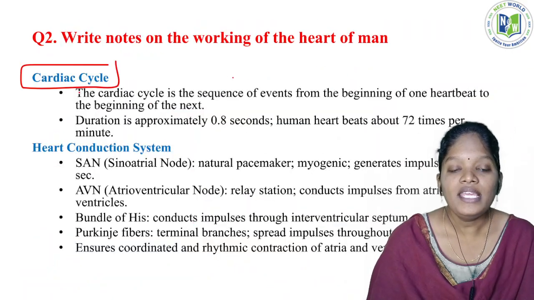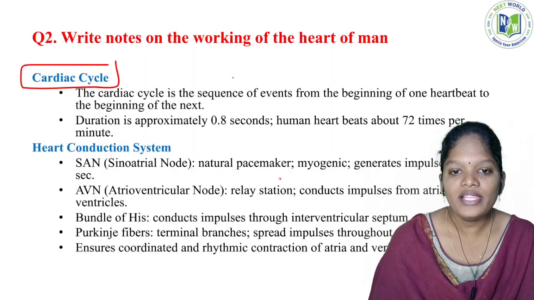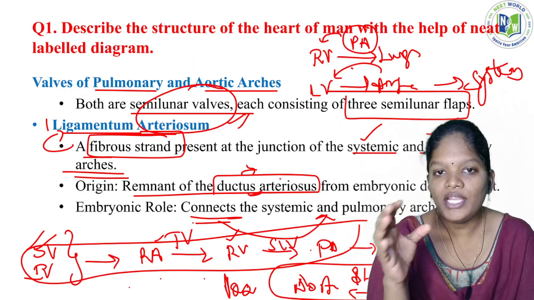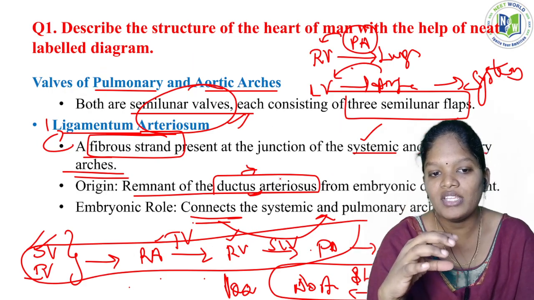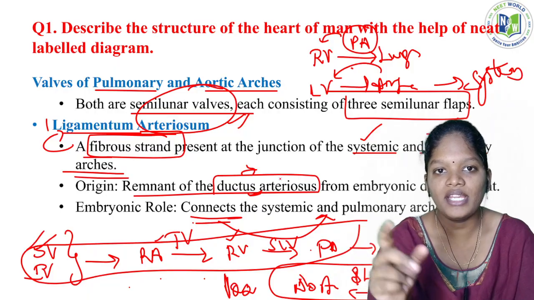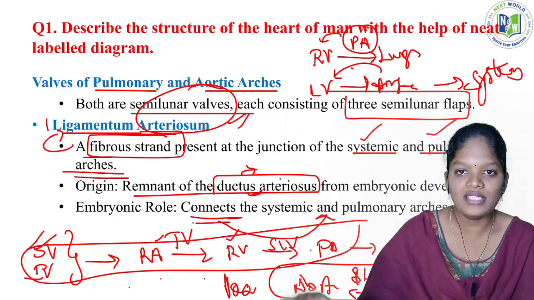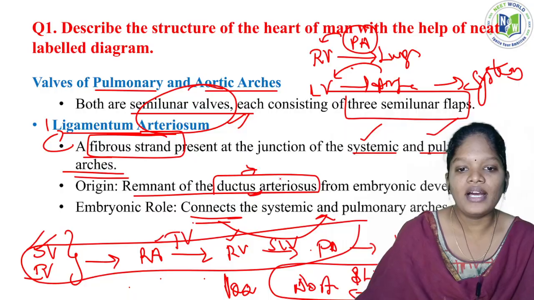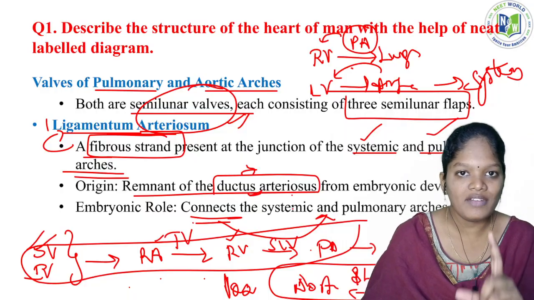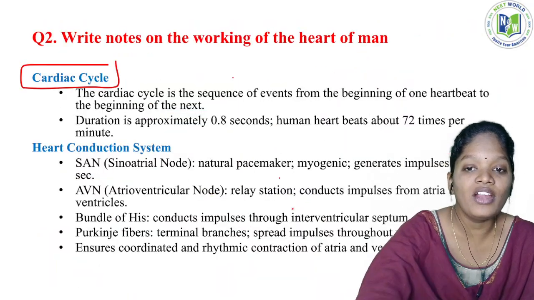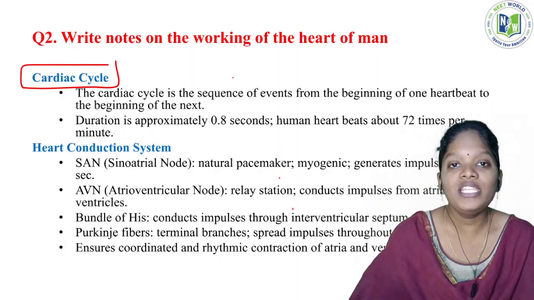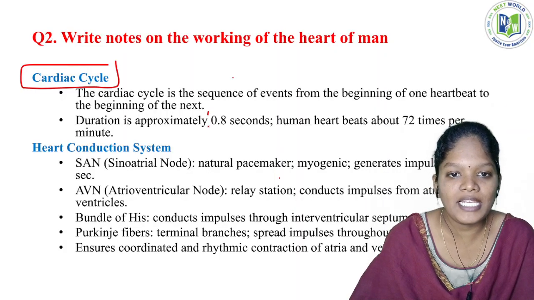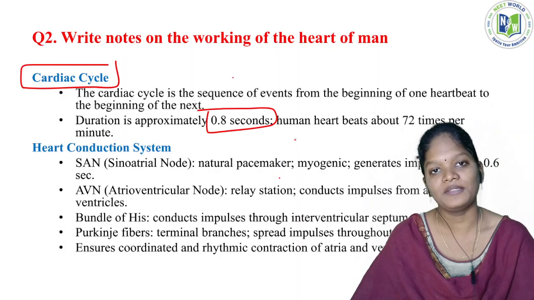See this cardiac cycle: from the superior vena cava and inferior vena cava, blood enters the right atrium, right ventricle, and all these things happen up to the aorta. What will be the duration? This is called one cardiac cycle, and it takes approximately 0.8 seconds.